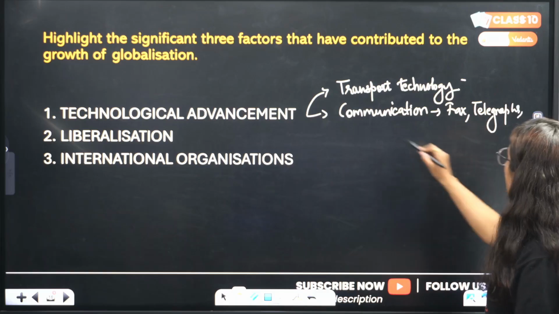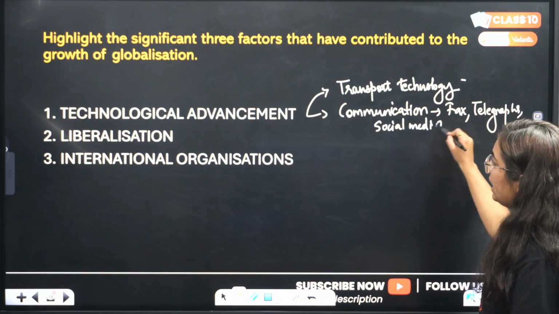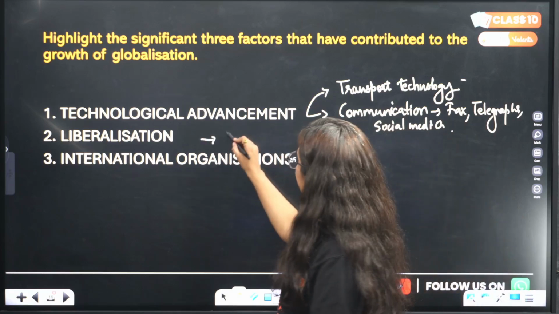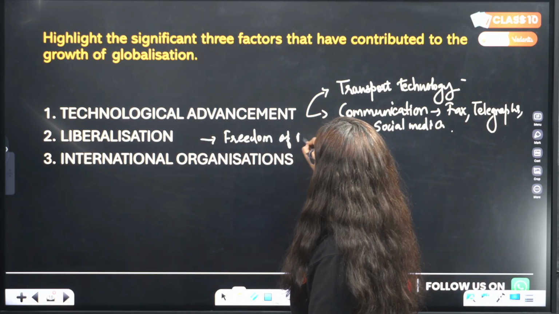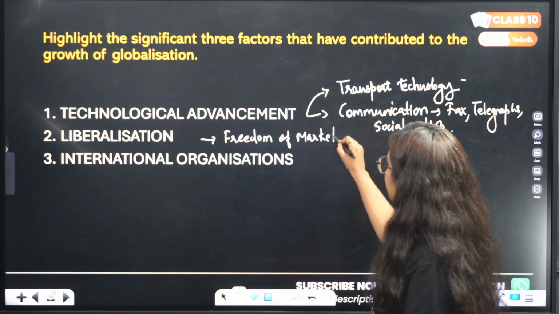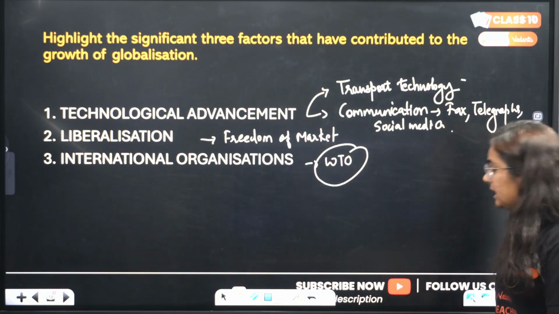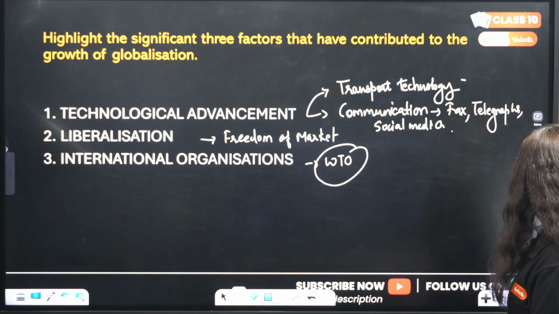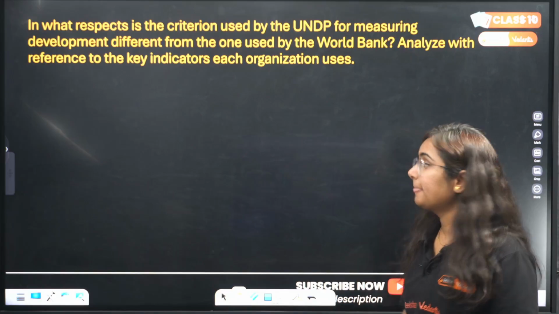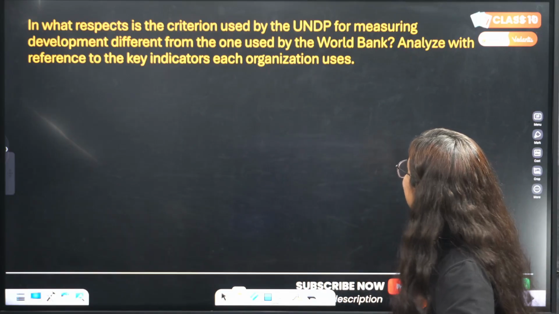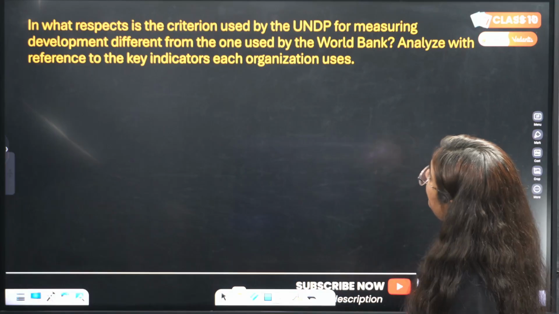Then here we can talk about social media, etc. Then we have liberalization that includes freedom of market, okay, and international organizations, World Trade Organization, that helps in globalization.